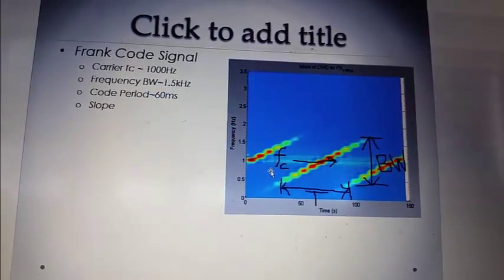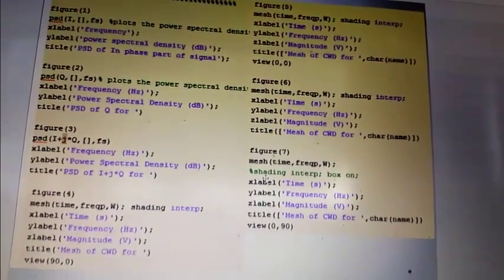So for my milestone 1, what I needed to do was research, and I did a lot of research in finding out what an LPI waveform is, what radar is, and the different processing techniques, and which would be the best to extract the key parameters that show that it is an LPI waveform.